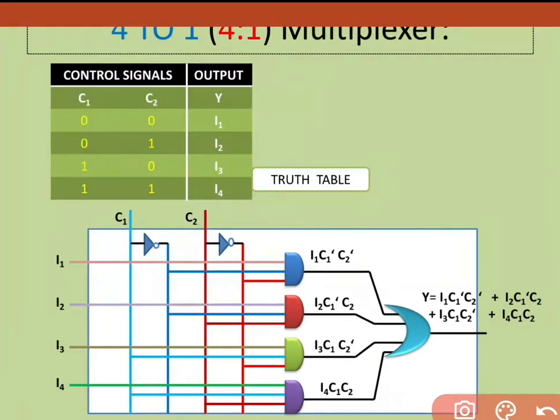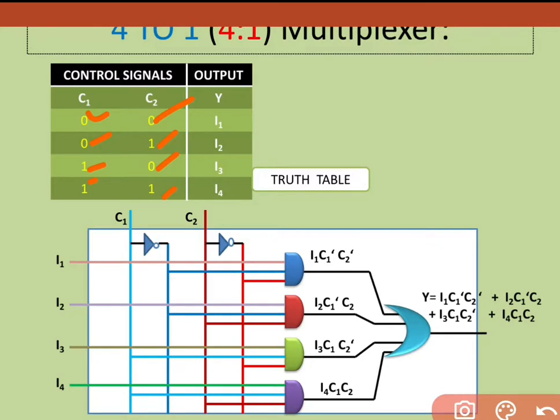But you have to remember that when we are having a 2 variable truth table, the conditions are 0 0, 0 1, 1 0, 1 1, because somehow the signal may be 0, somehow the signal may be 1. You have to consider all the situations.